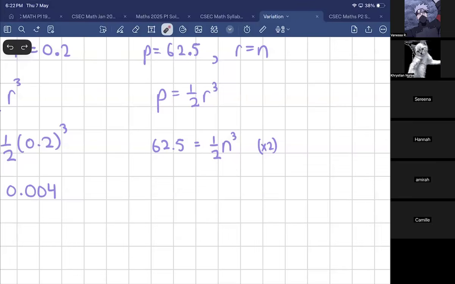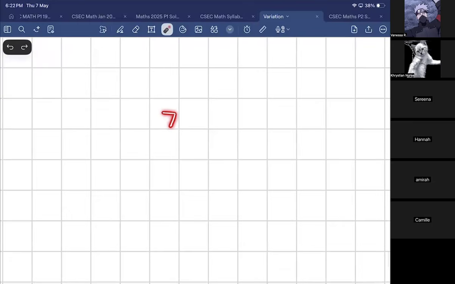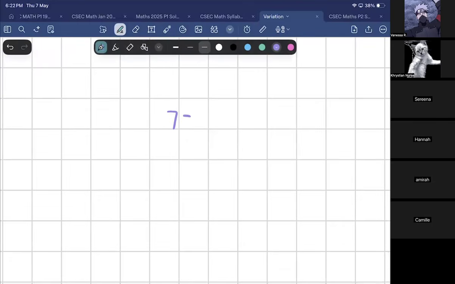Kestrel, do you understand why you need to multiply by 2 on both sides as opposed to just one side, or no? No? Let me give you an example. Isn't 7 equal to 7? That makes sense, or am I confusing you? It makes sense.